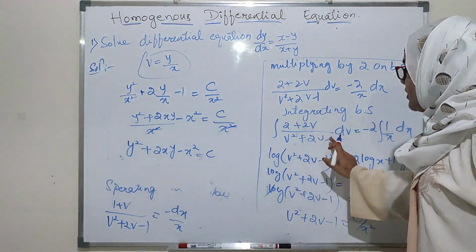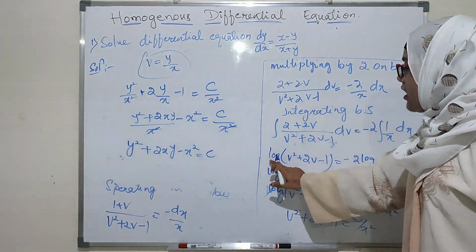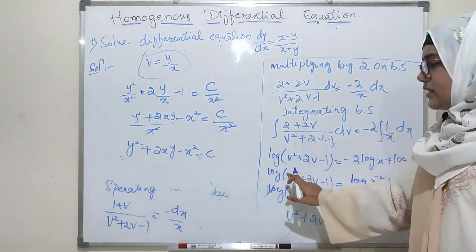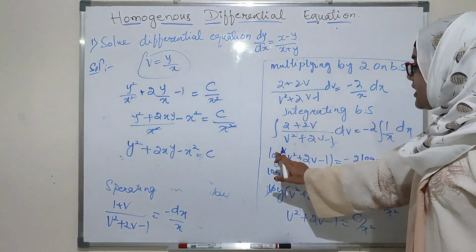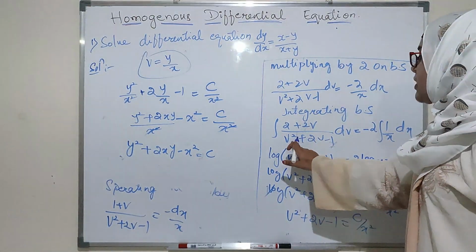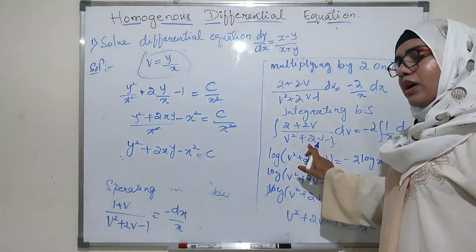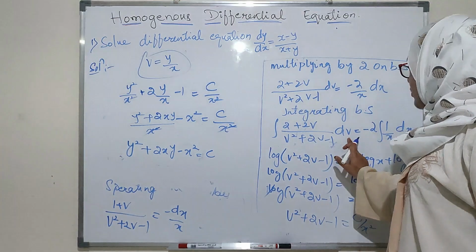Integration gives log of v square plus 2v minus 1. How? If we differentiate log x, it is 1 by x. So log of v square plus 2v minus 1 differentiation is 1 divided by v square plus 2v minus 1. Again, we have to differentiate v square plus 2v. Then you will get the required answer.